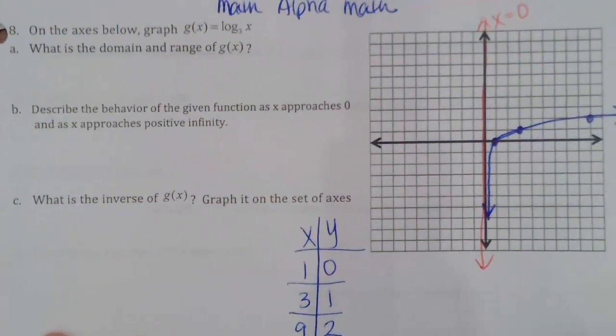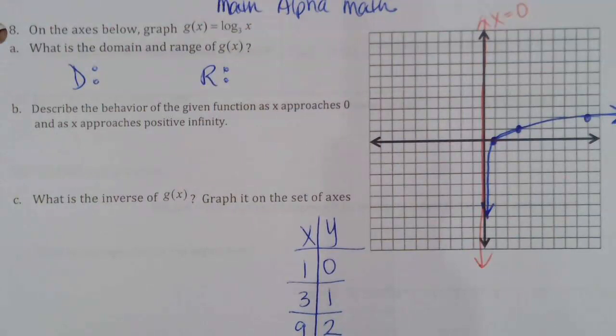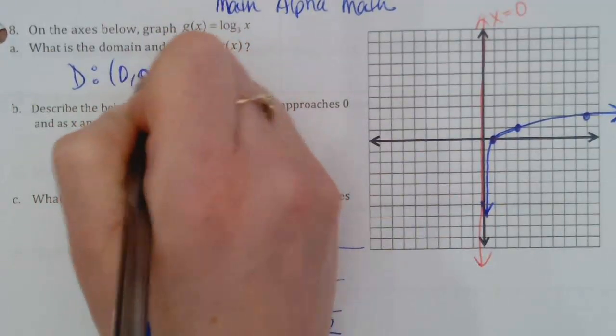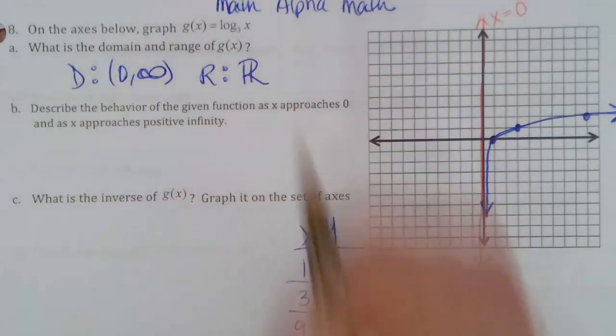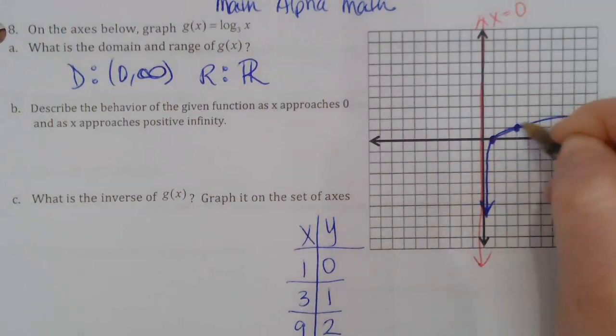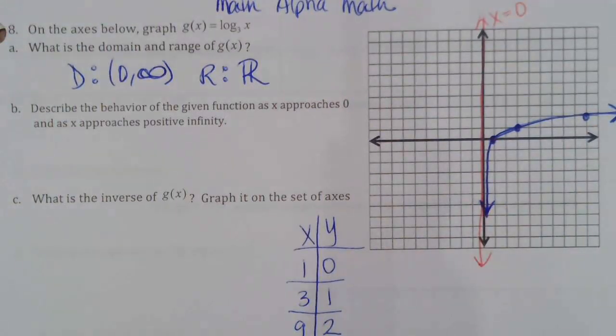When we're talking domain and range, remember it's the inverse of an exponential. My domain is now restricted to go from 0 to infinity. My range is going to be all reals. So this gets ever so close but never equal to 0, and then it goes to the right forever. My range goes to the bottom and to the top forever.